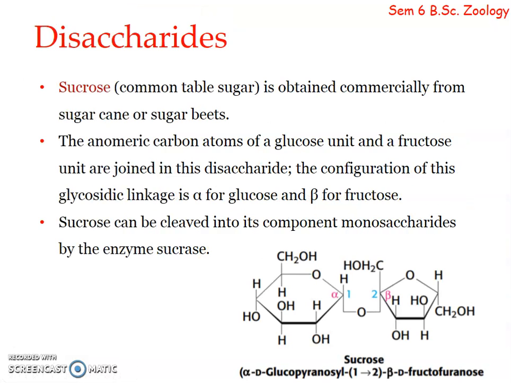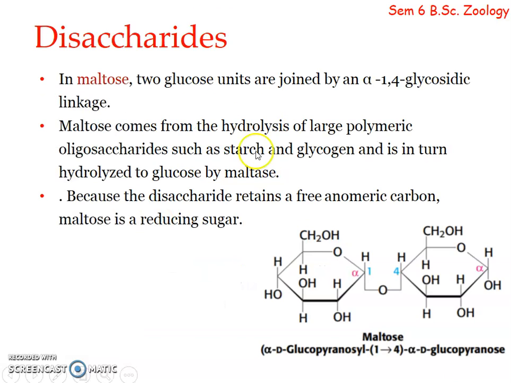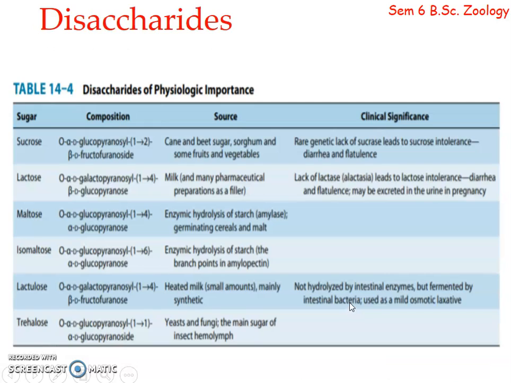So which is the 6th carbon? This is the 4th carbon, the 5th and 6th. The hydroxyl over here forms a bond with the C1 carbon. So that is isomaltose: alpha glucose and alpha glucose through alpha 1,6 bonding.